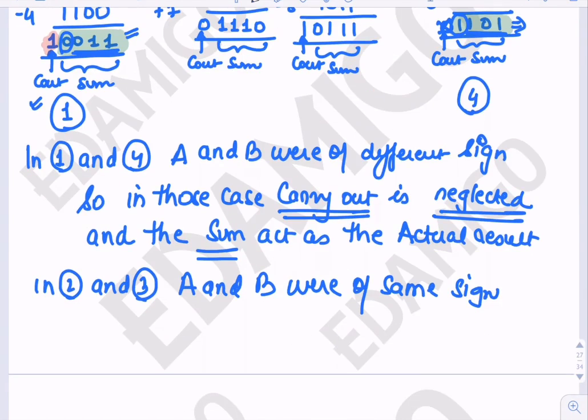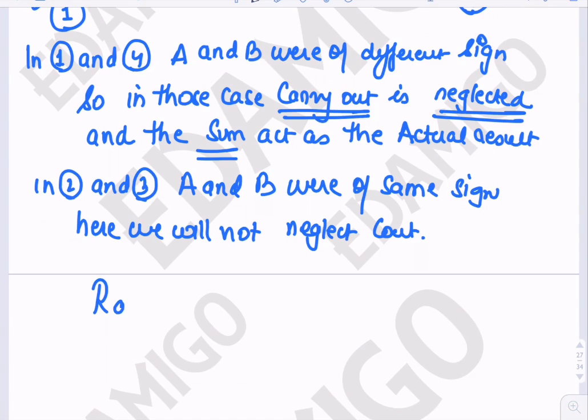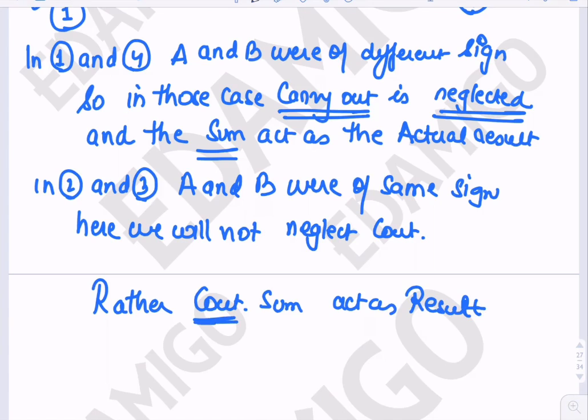So in this case we will not neglect the carry out, rather C out with sum acts as the result, where C out acts as a sign bit and the sum gives us the magnitude of the number.